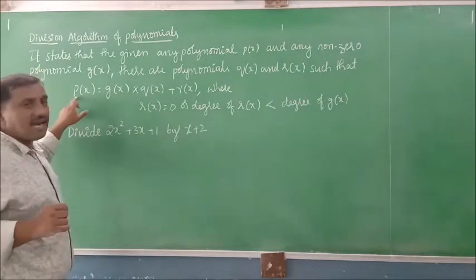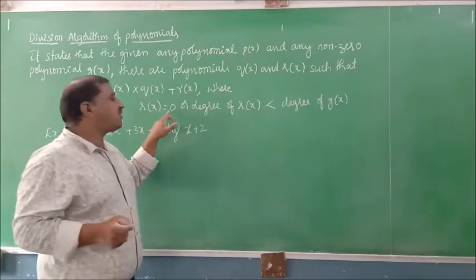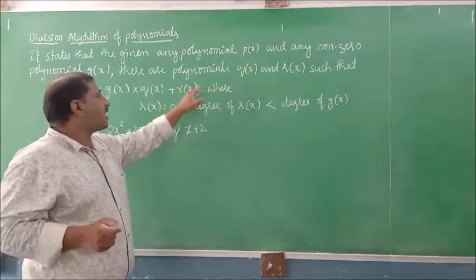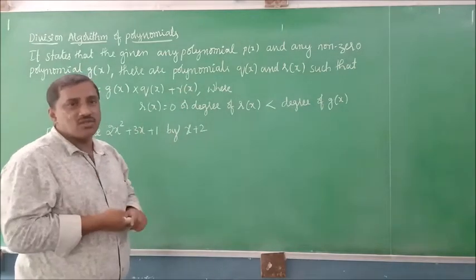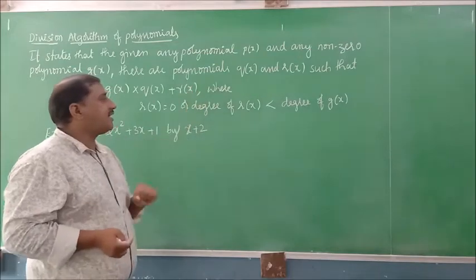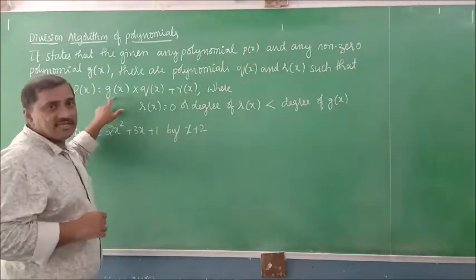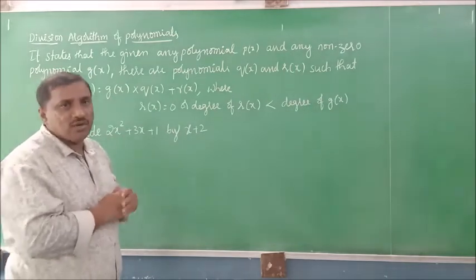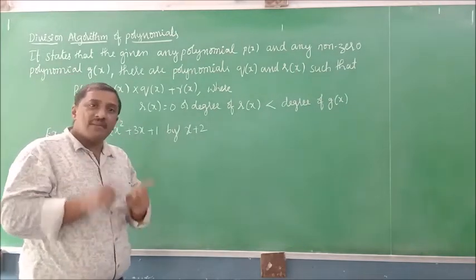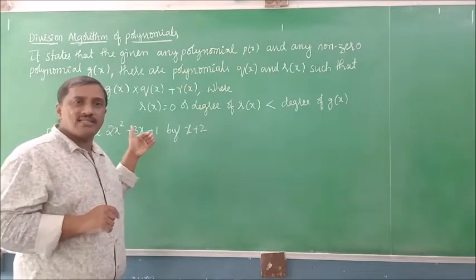This p(x) is the dividend polynomial, and there is a condition: either r(x) is equal to 0, that is the remainder polynomial is 0, or the degree of r(x) is less than the degree of g(x), that is the divisor. Even in our general division we have studied that the remainder should always be 0 or less than the divisor.